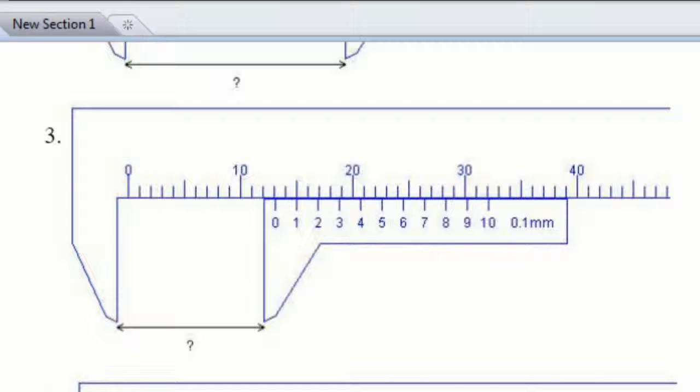Here's number 3. Got a 13.1 for number 3. And 14.3 for 4.